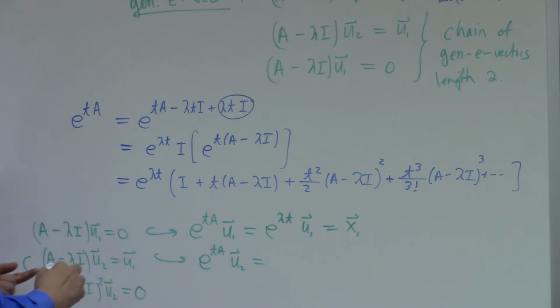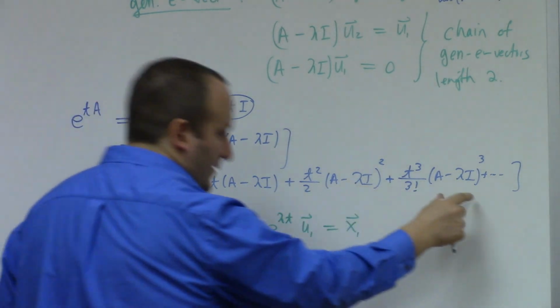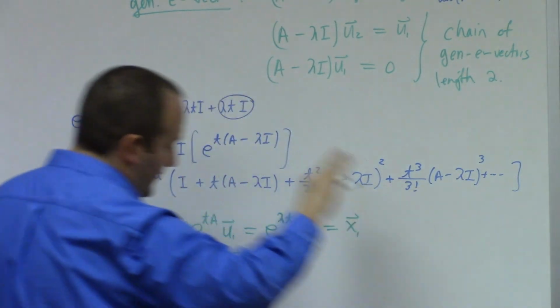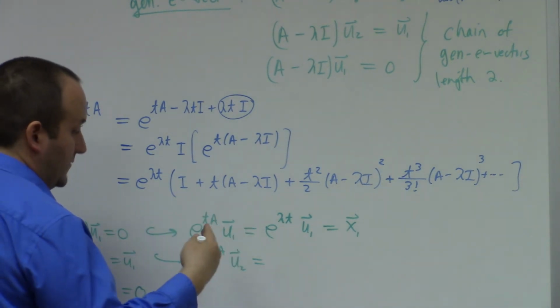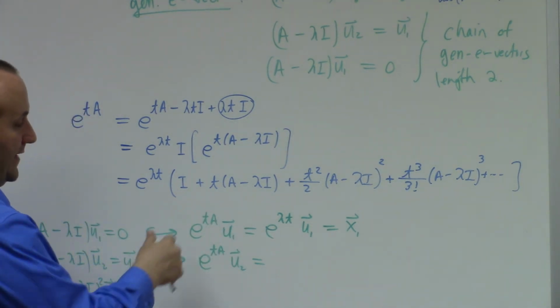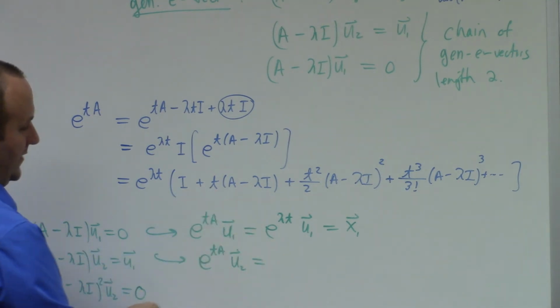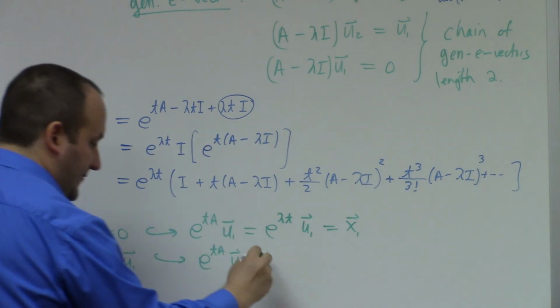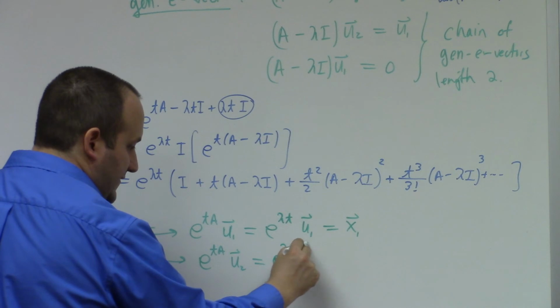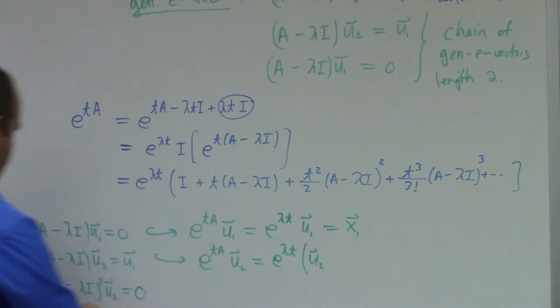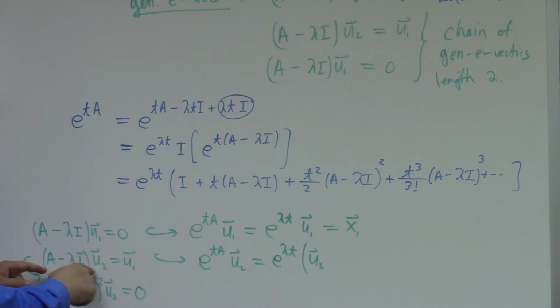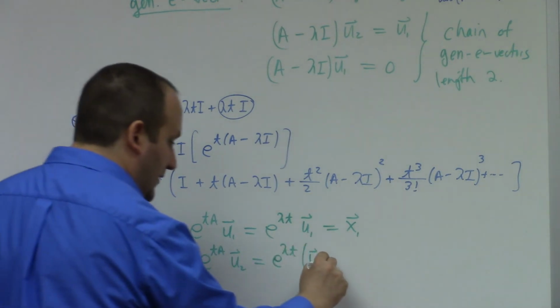So these squared terms or cubed terms all truncate to 0 for this generalized eigenvector of order 2, u2. The only thing that remains is this term and this term as multiplied by u2. The I gives me back e to the lambda t up front, I times u2 gives me u2, and since (A minus lambda I) acting on u2 gives me u1, I just get plus t u1.